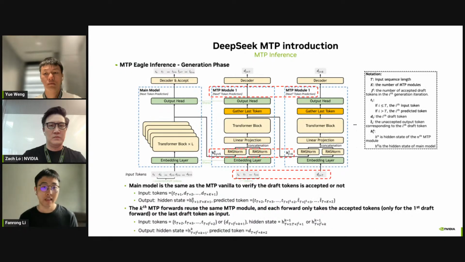And about the generation phase, the difference is also in the red box. In the generation phase, for the first MTP module forward, we will input all of the accepted tokens. In MTP vanilla, we need to input a total of k different tokens, but here we will input all of the accepted tokens.